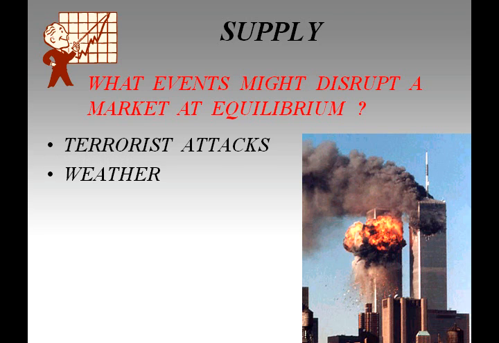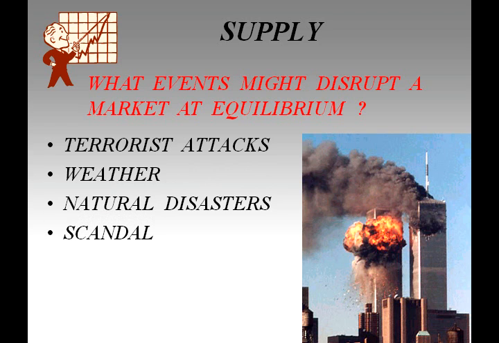Weather can have an impact on markets at equilibrium. This could be illustrated in a number of ways based upon what Hurricane Katrina did to the many markets within and around the city of New Orleans. Natural disasters can do the same, disrupt the market at equilibrium. Scandals and political strife.